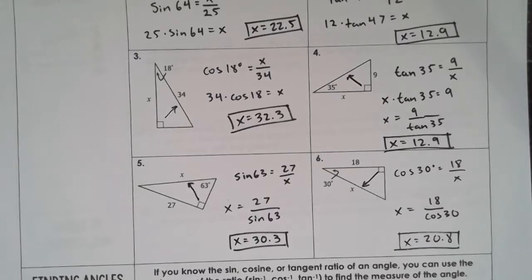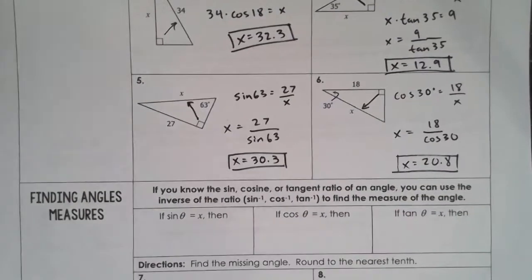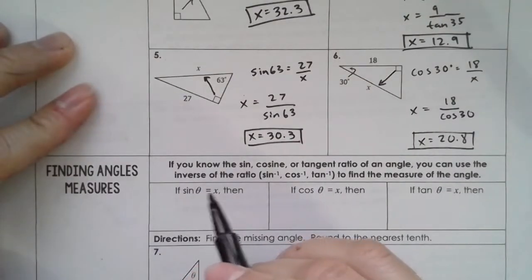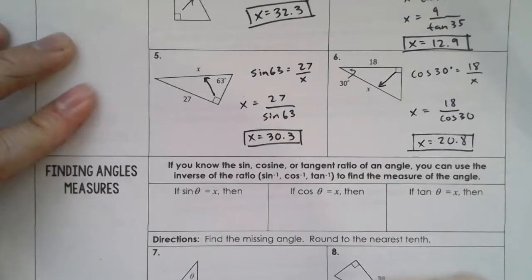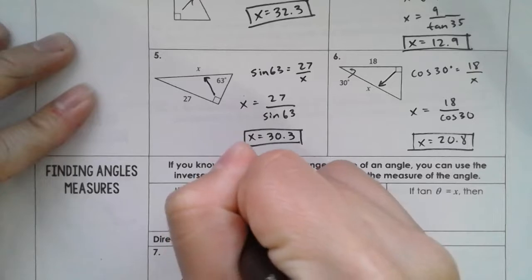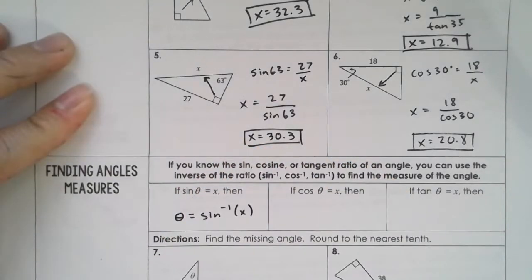So next section, if you know the sine, cosine, or tangent ratio of an angle, you can use the inverse of the ratio, which looks like sine to the little -1, cosine -1, tangent -1. It's just read as sine inverse, cosine inverse, tangent inverse, to find the measure of the angle. So if sine theta is equal to x, then theta is equal to sine inverse of x.